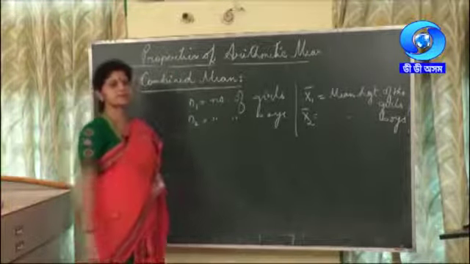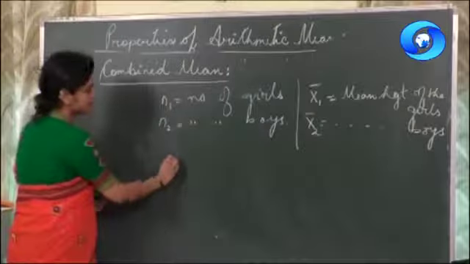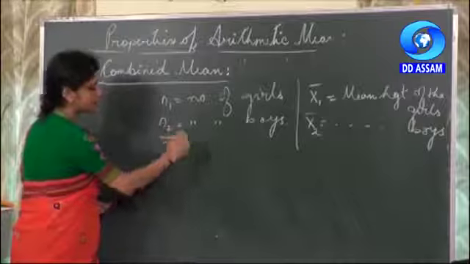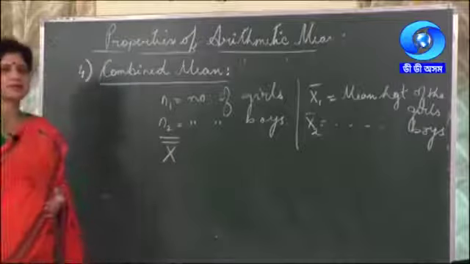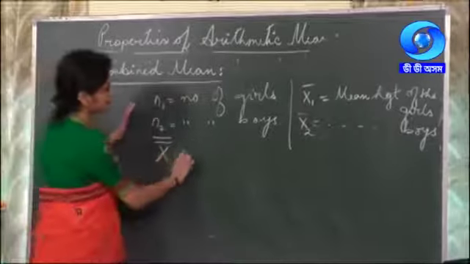Arithmetic mean is sometimes referred to as mean, only mean. Then we will denote it by x double bar. Since x bar implies mean, x double bar will imply combined mean.